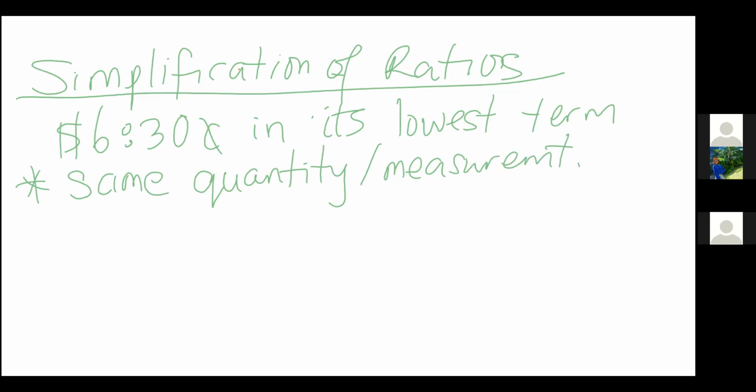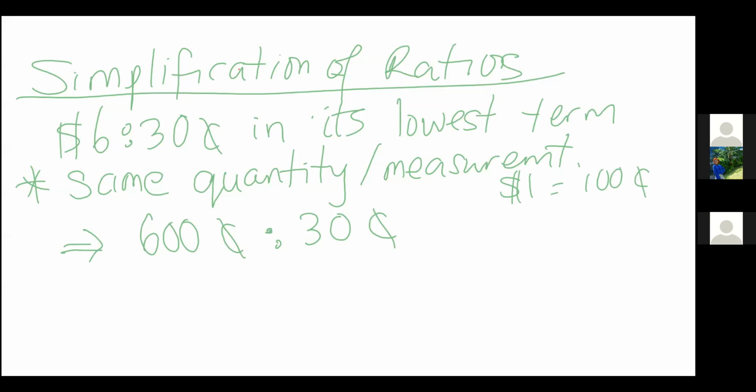So how much will be $6 as cents? How many cents are there in a dollar? So 600 cents, because every $1 is 100 cents, right? So 600 cents to 30 cents. And if we have to simplify it, we're going to divide throughout by numbers until we get the smallest quantity.